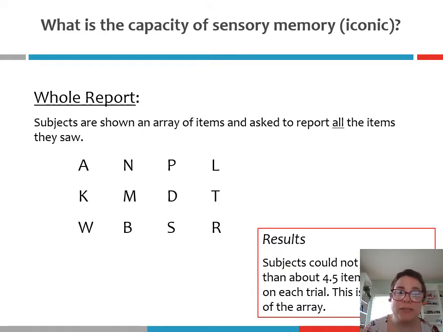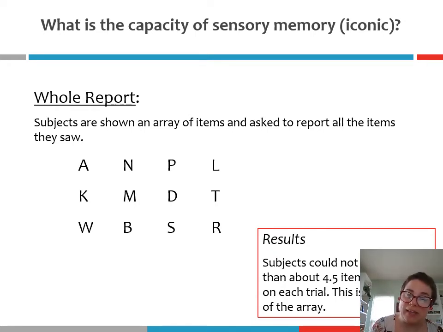Then you would see an array of letters for just 1/20th of a second, and then it would disappear off the screen. Then you would be asked to report how many of those letters you saw, or what those letters were.